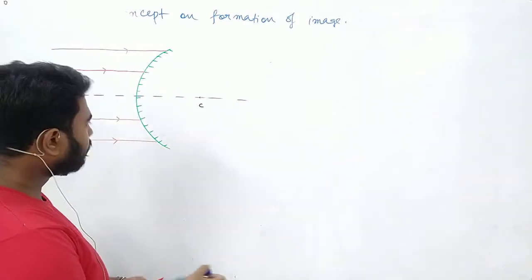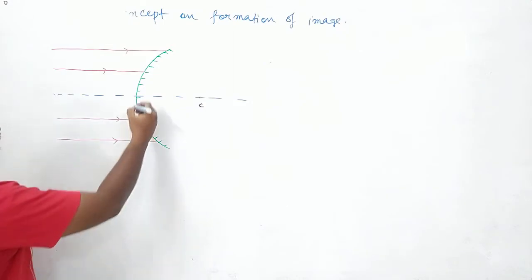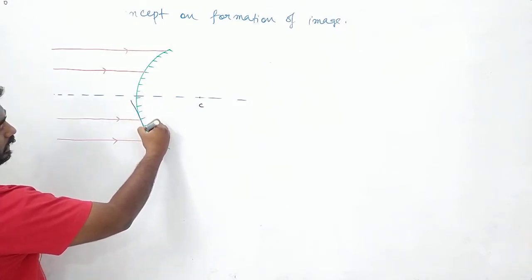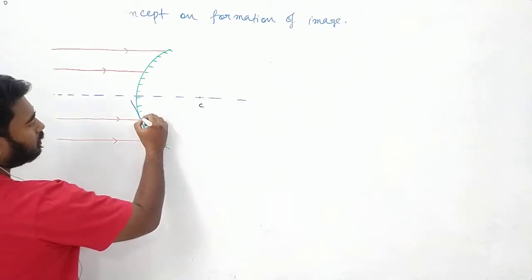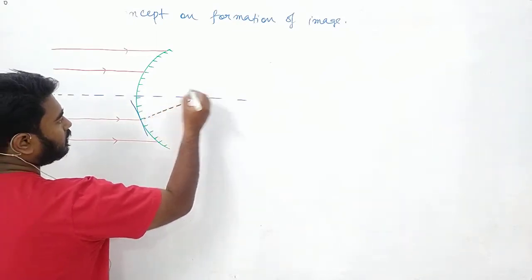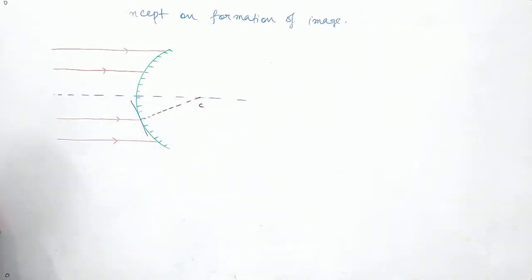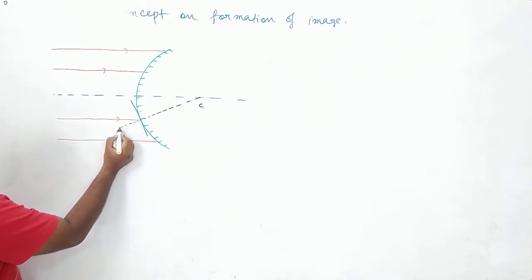Okay, like the previous one, in this case also we will draw a tangent, right? We will always draw a tangent. Now tell me, we also know that the line that joins the tangent and the center of curvature is the normal. Can we extend this normal to this portion?